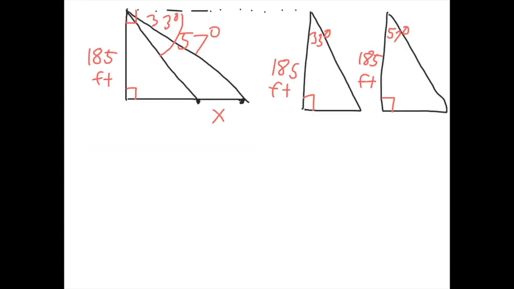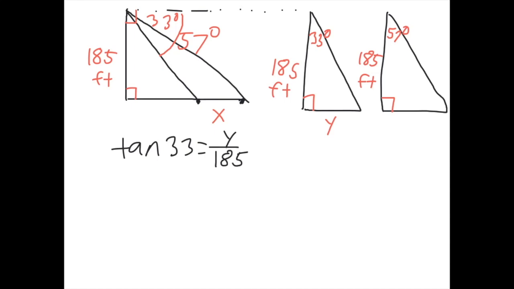So now let's solve these two triangles. We have 33 degrees, 185 feet, and we want to find this. Let's just, for using different variables, call this y. For this angle, y is opposite, 185 is adjacent, so it's going to be tangent. Tangent of 33 equals y over 185.